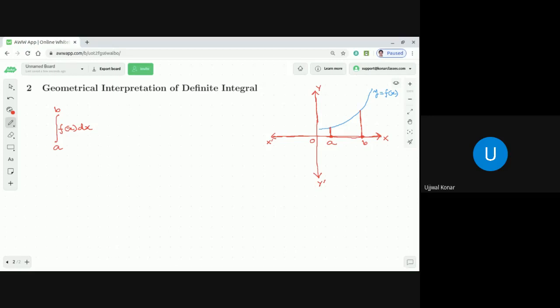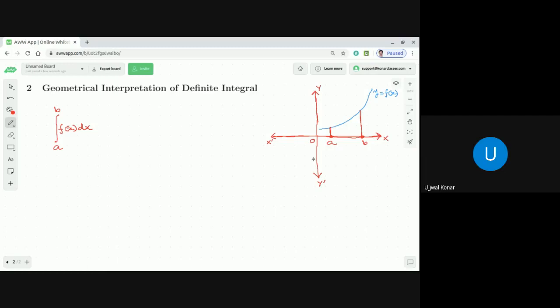We get a straight line parallel to the y-axis at the point (a, 0), and also a straight line parallel to the y-axis at the point (b, 0). And we also consider the x-axis. So we now have 4 different lines: 3 straight lines and 1 curve.